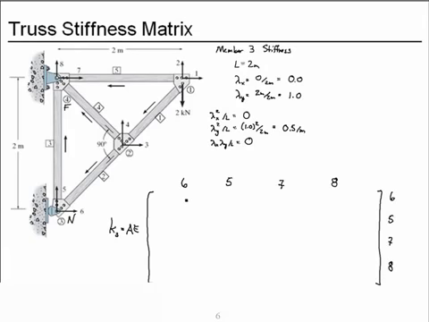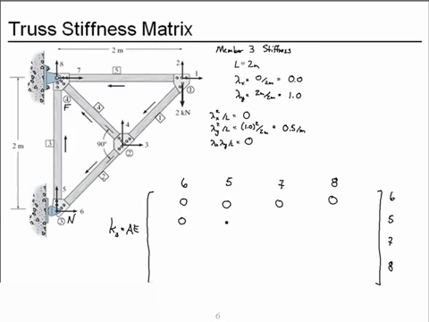Our first entry, lambda x squared over L, 0. Lambda x lambda y, 0. Minus lambda x squared, 0. Minus lambda x lambda y, 0. Lambda x lambda y, 0.